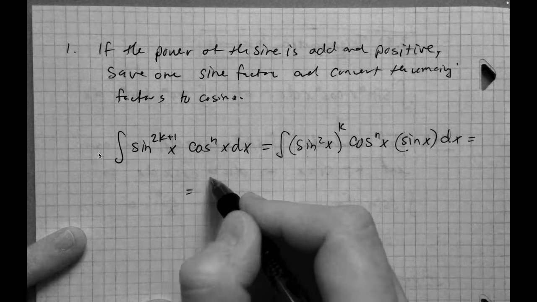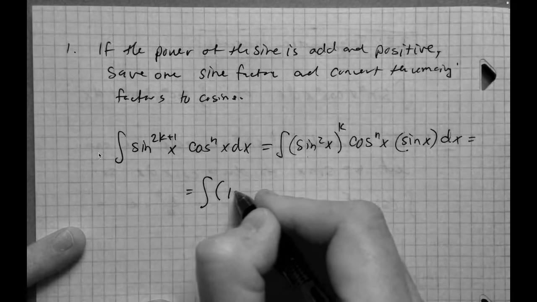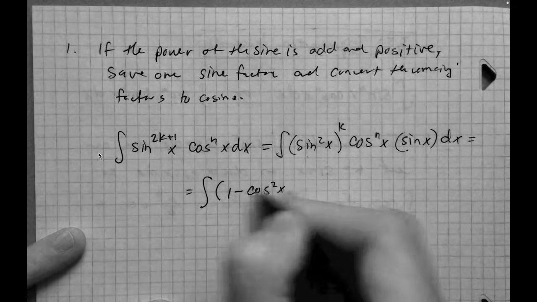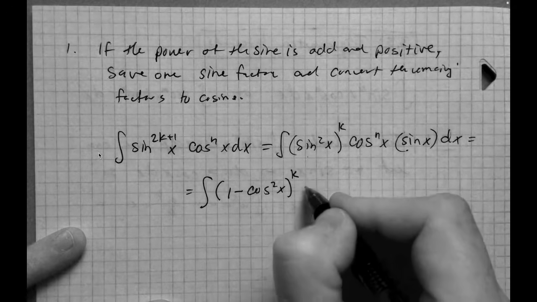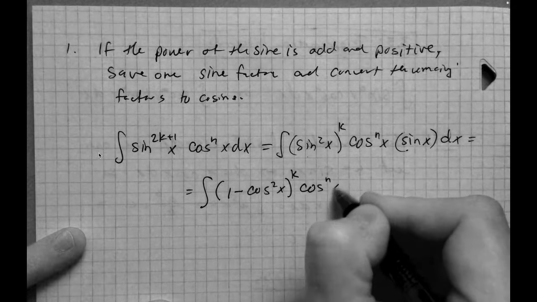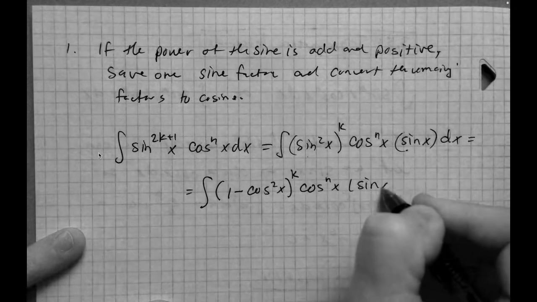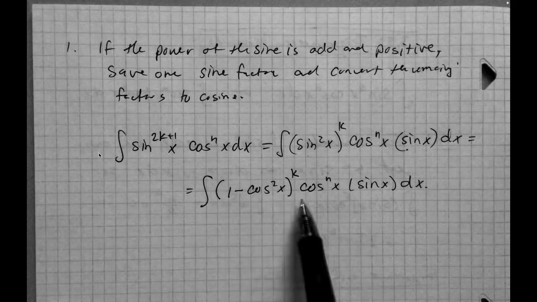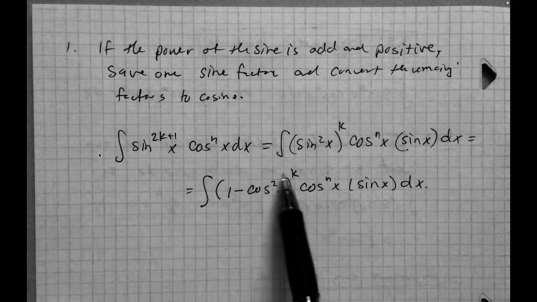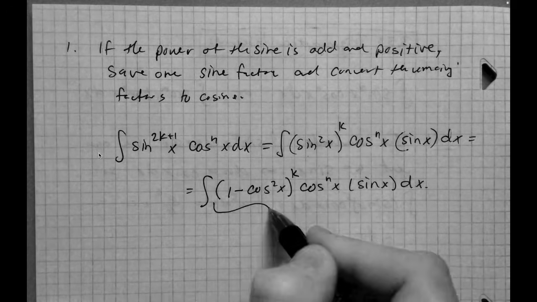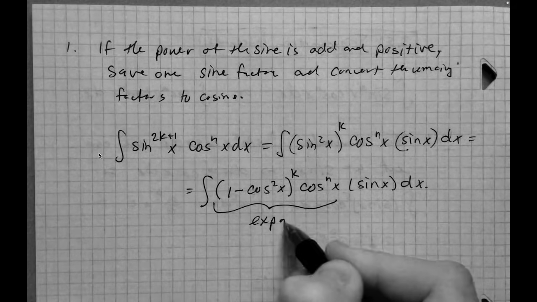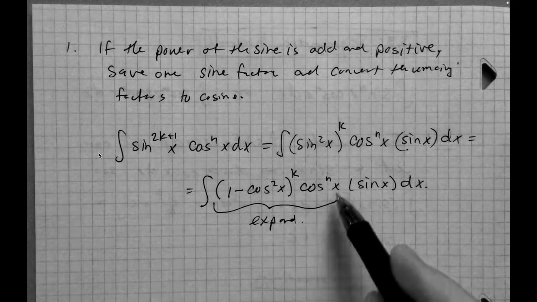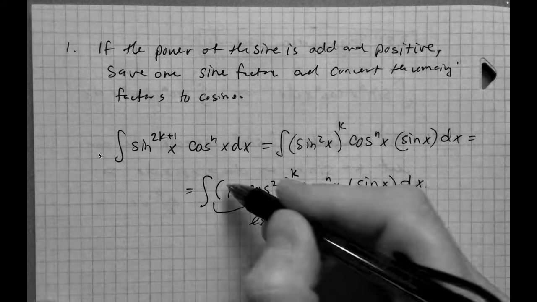So you would write this as 1 minus cos squared x to the k power times cos to the nth power x times sine of x dx. Now everything is cosine, and when we expand this piece, we're going to get some factor times the sine.